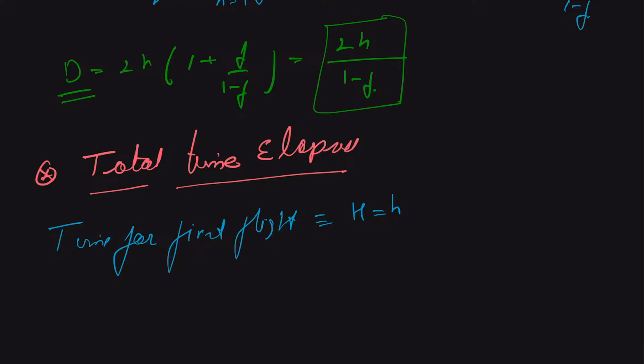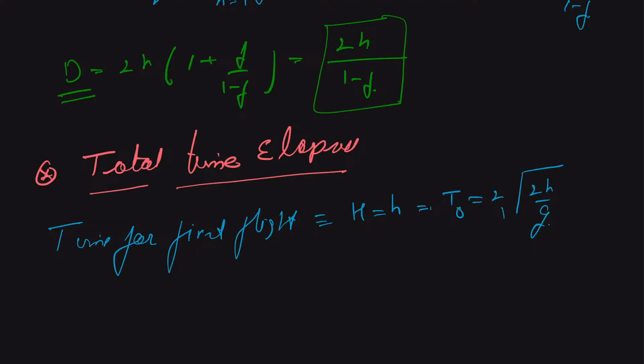Okay. Therefore, we can write that our t naught will be equal to 2 square root of 2h upon g. So this is the general formula for the first flight.